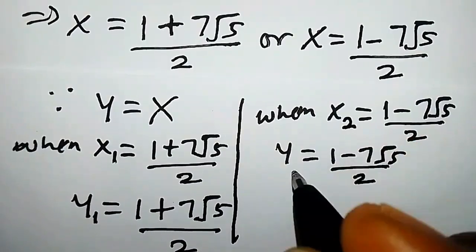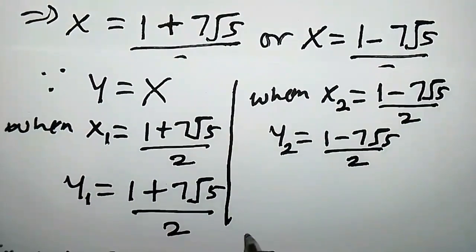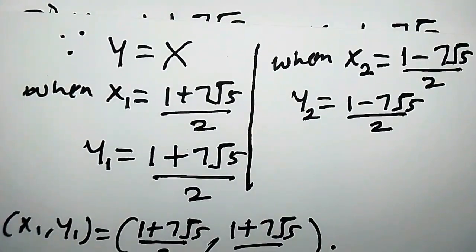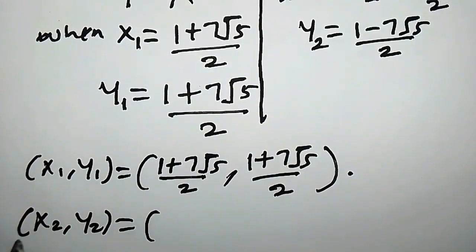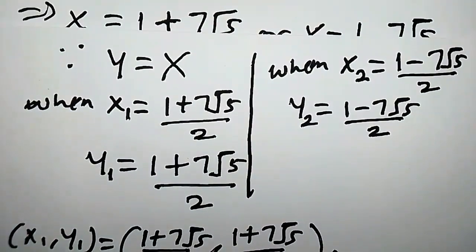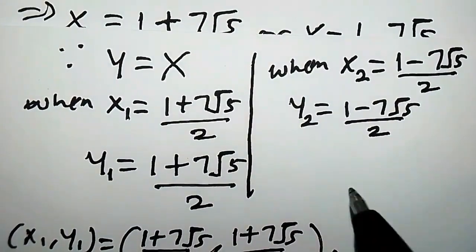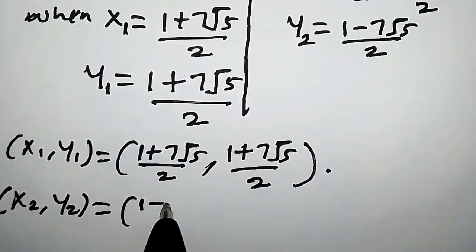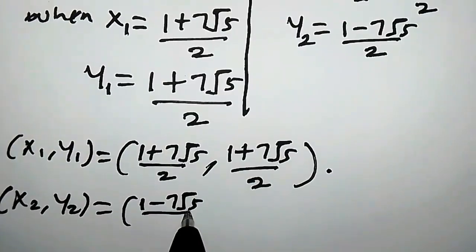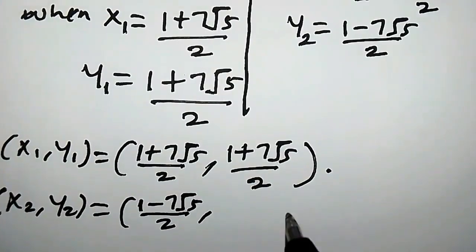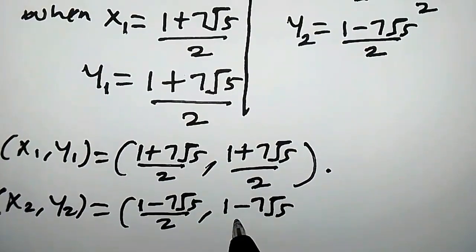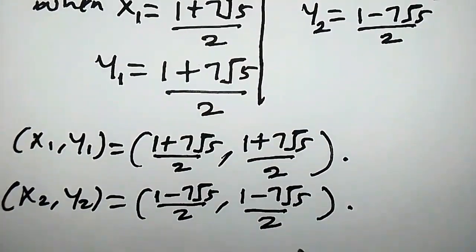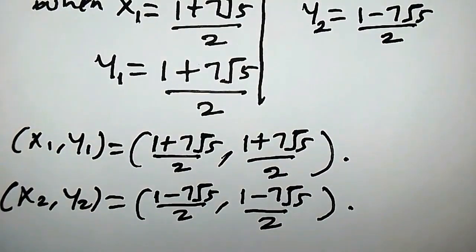Let's call this x2 and this y2. This means that the second solution, x2 comma y2, is equal to 1 minus 7 root 5 divided by 2, comma, similarly y2 is 1 minus 7 root 5 divided by 2. This happens to be the second solution.